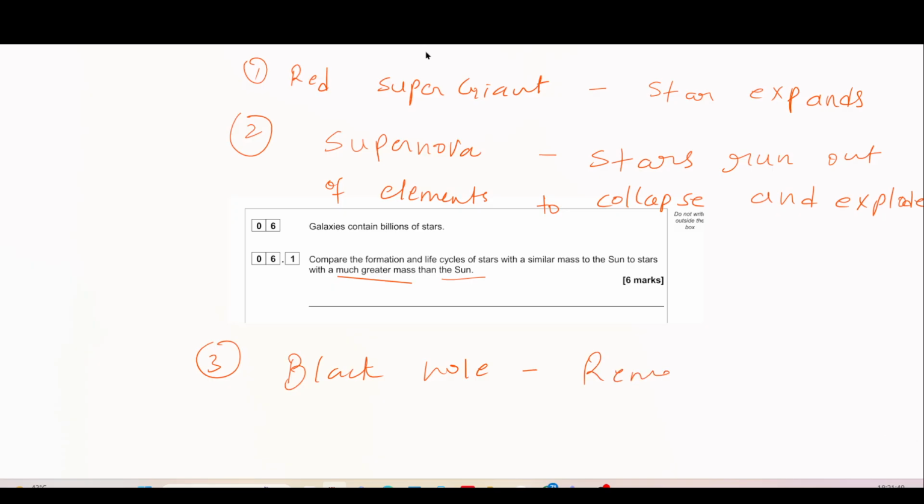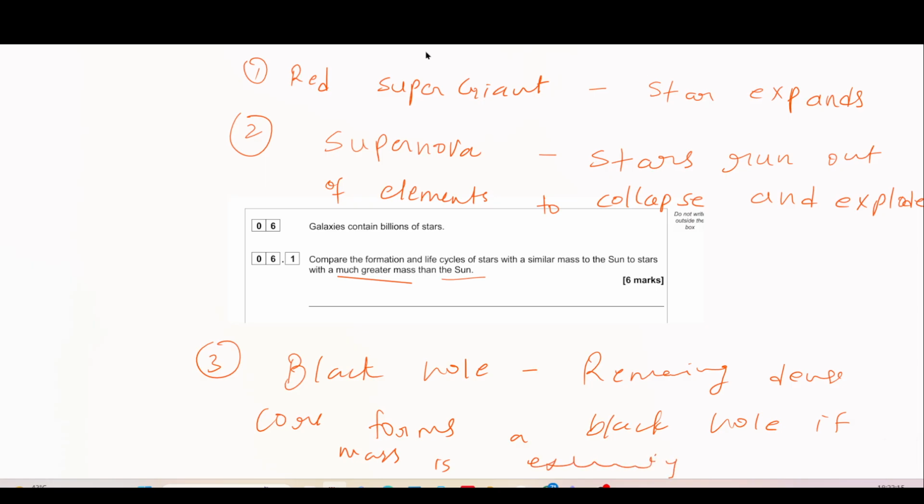The remaining dense core forms a neutron star, or it forms a black hole if the mass is extremely high. Yeah, that's it.